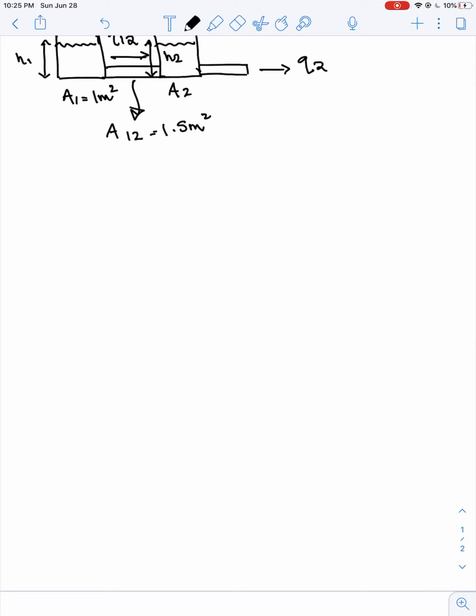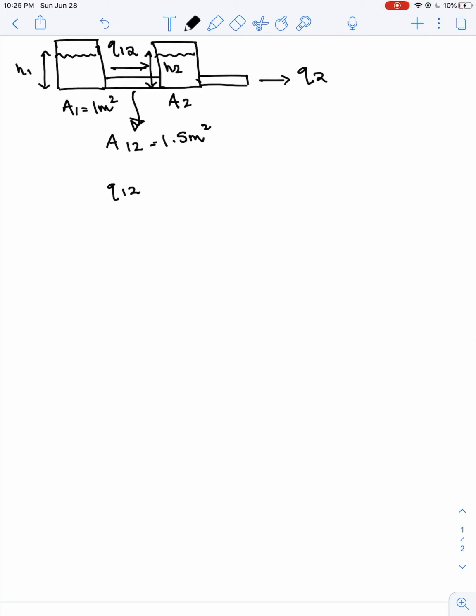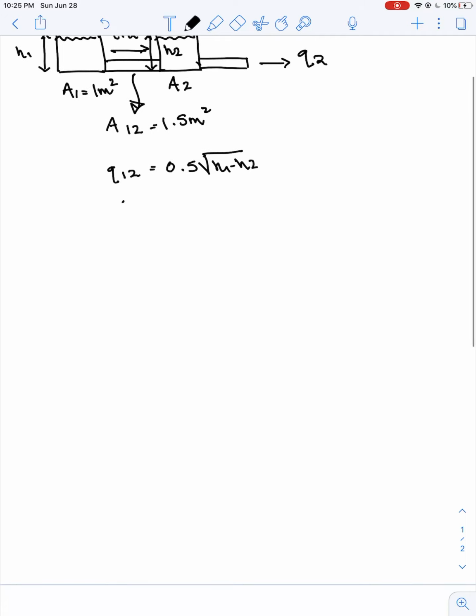Okay, and so we are also given in the problem statement that the flows can be expressed. The flow between tank 1 and tank 2 can be expressed as Q12 = 0.5 square root of (H1 minus H2), while flow 2 is 0.25 square root of H2.